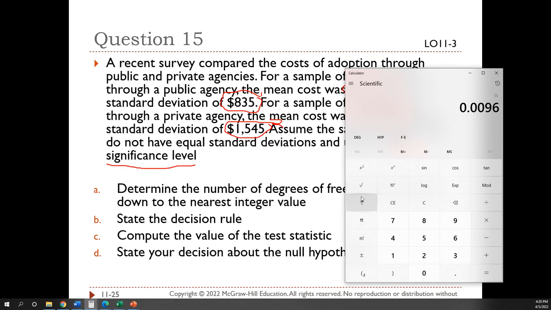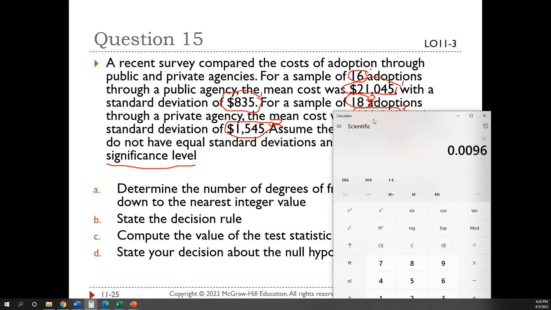So parentheses, parentheses. We're going to take the standard deviation of our first one, which was 835, and we're going to square it. That's going to be divided by 16, which is our first sample size.